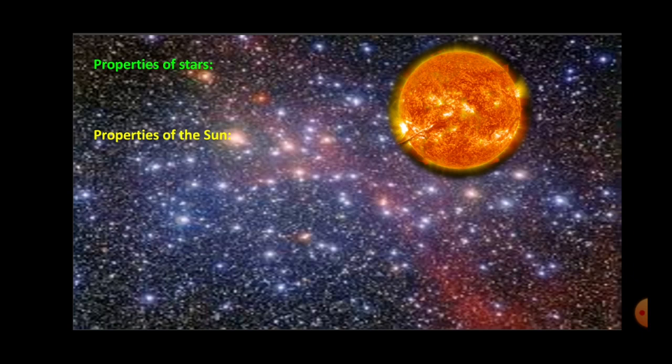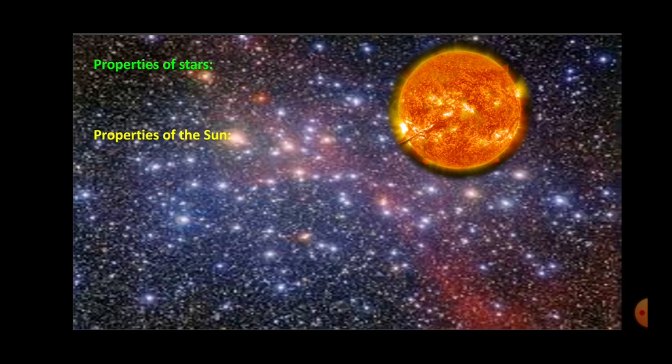Because there are stars which are much bigger than our sun and have much higher temperature than the sun. But the sun is much nearer to us compared to those billions of stars which have bigger mass, are quite bigger in size than the sun and have much higher temperature than the sun.